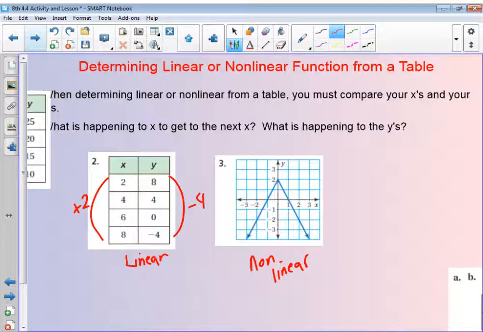We can visually see that this is not a perfectly straight line. Yes, there are 2 straight lines, but this is considered one function. When I've got both of those pieces together, they create the one line. This would be a line that's folded, it's showing us a V, so this would be considered nonlinear.